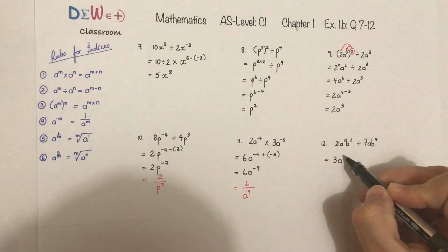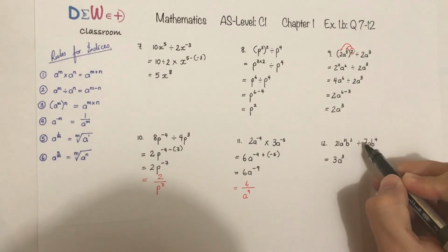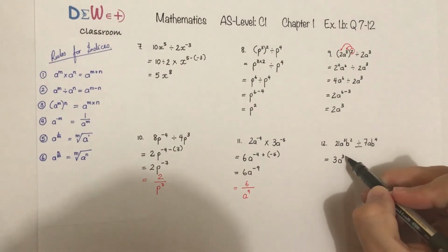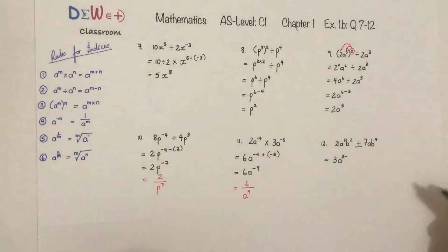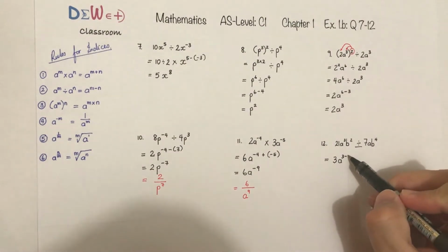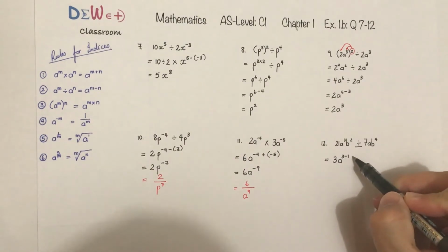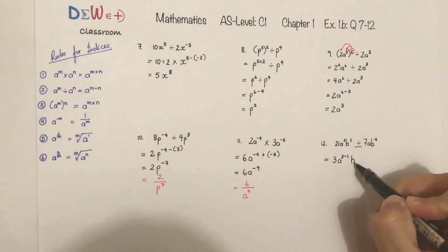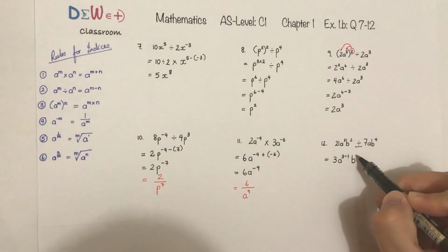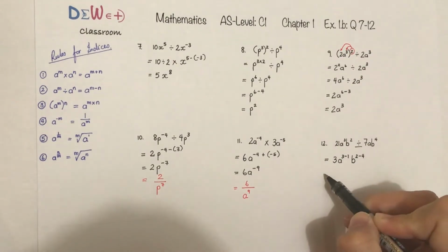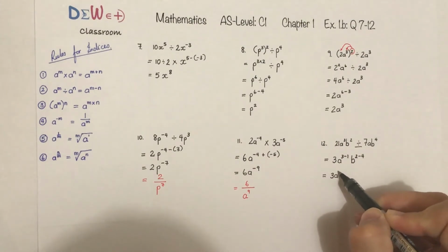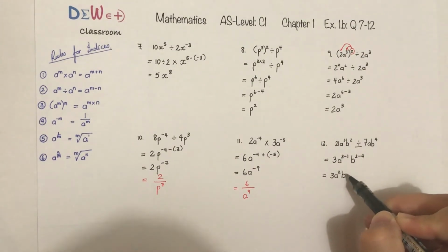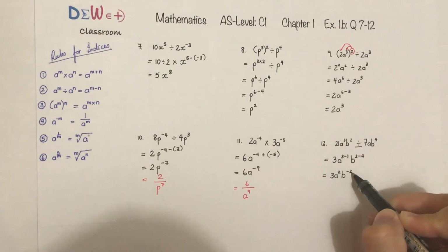So a, 3, considering that it is a division sign, it will be minus, and there is no indices for the a with the 7ab, so it is a 1. Then we apply the same rule for the base b, where it will be b, 2 minus 4. This results in an answer 3a squared b to the power minus 2.